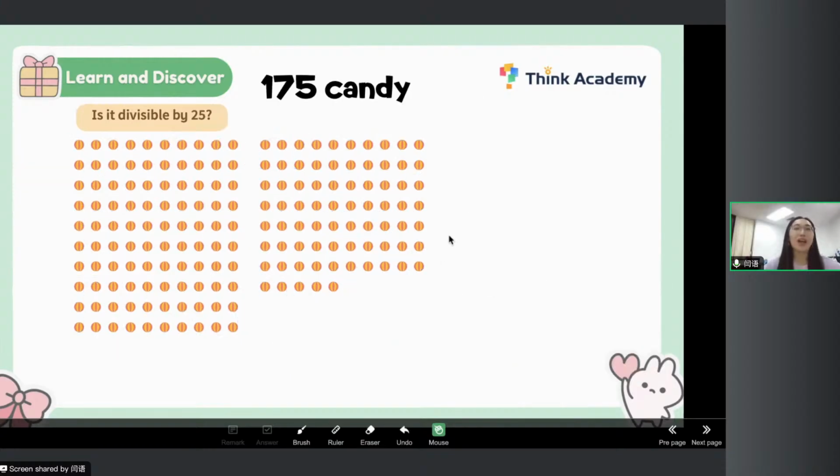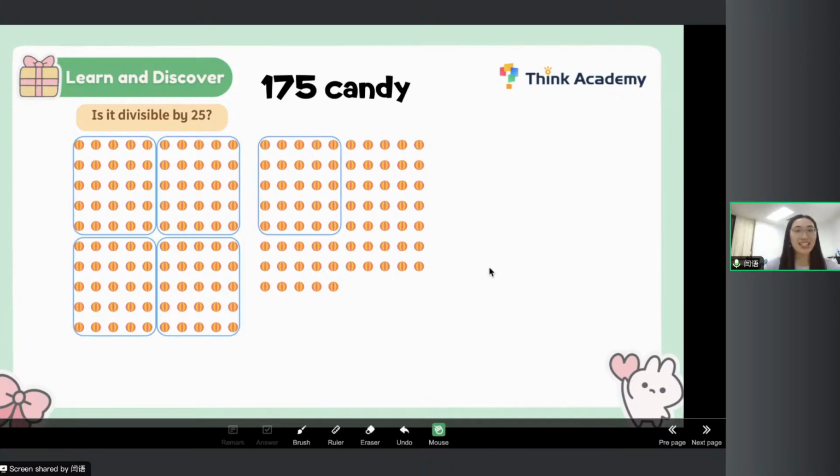Okay. So actually here you see 4 is a special number, and also its good friend 25, it is also a special number. So here, if I just show you, I have 175 candies. Could you please tell me, is 175 divisible by 25? Okay, good.